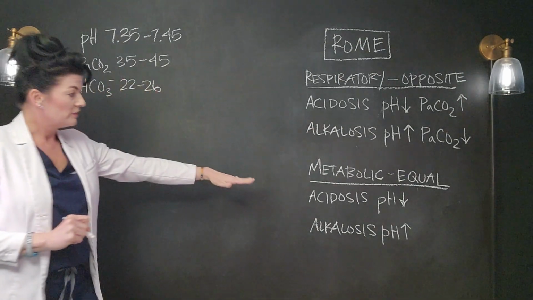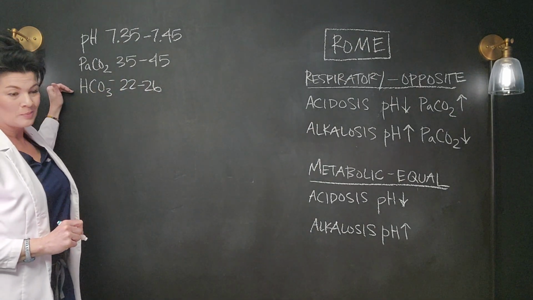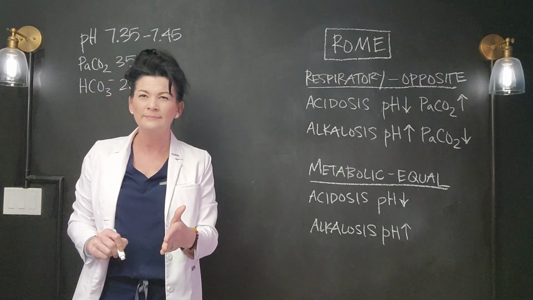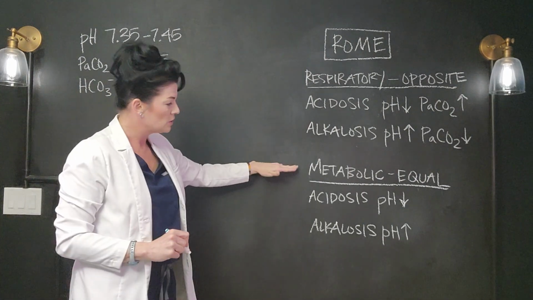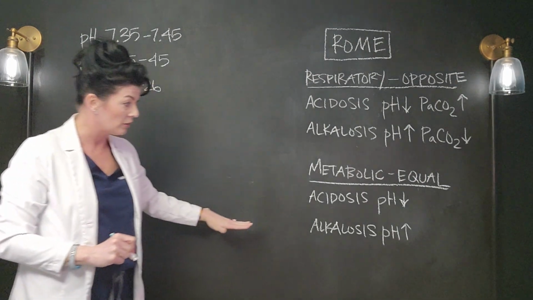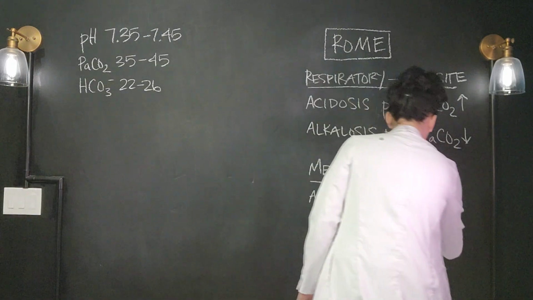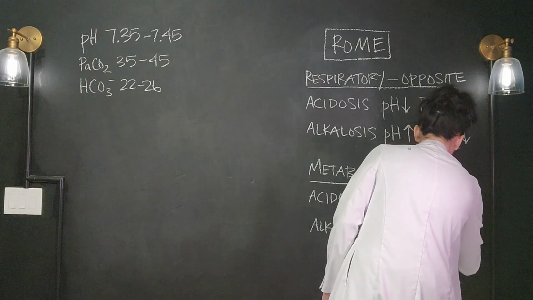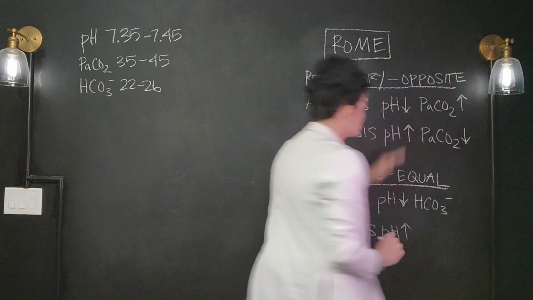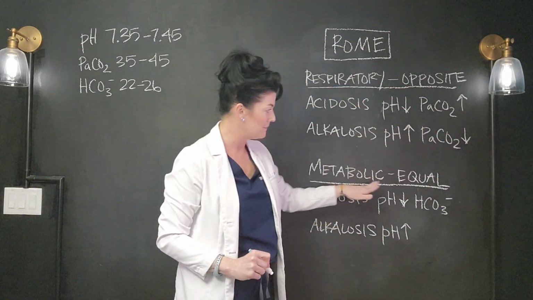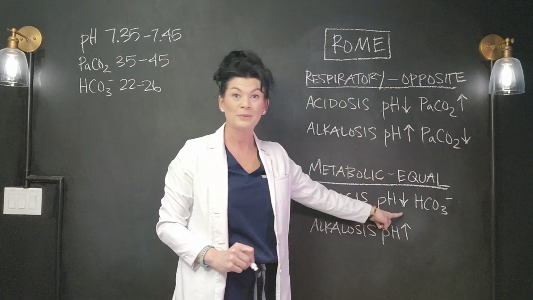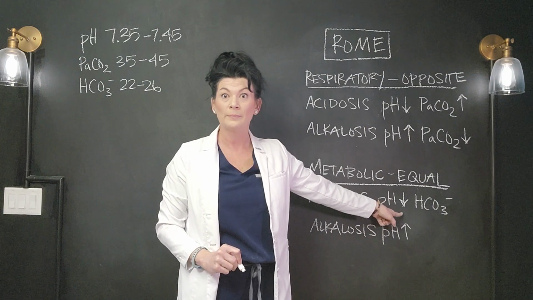Now, the only one we've got left is bicarb. Easiest one to remember. You think bicarb, think body, think of metabolism. So bicarb goes with metabolic. Okay? So we're going to put our bicarb over here. But now, as opposed to being opposite in respiratory, in metabolic, it is equal. So if my pH is low, guess what my bicarb is?